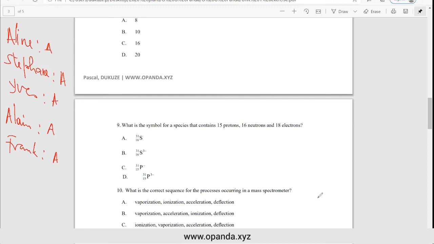It is A because the sample begins from the vaporization. It is introduced as a vapor into the ionization chamber.